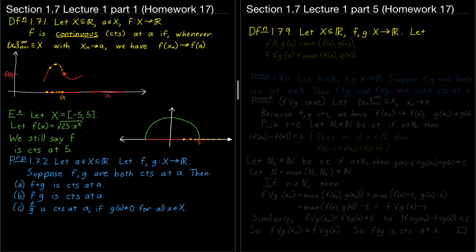And then we are going to define the following two pieces of notation. This is our notation for the minimum, whichever is smaller, of f of x and g of x. And this is going to be our notation for whichever of them is bigger.